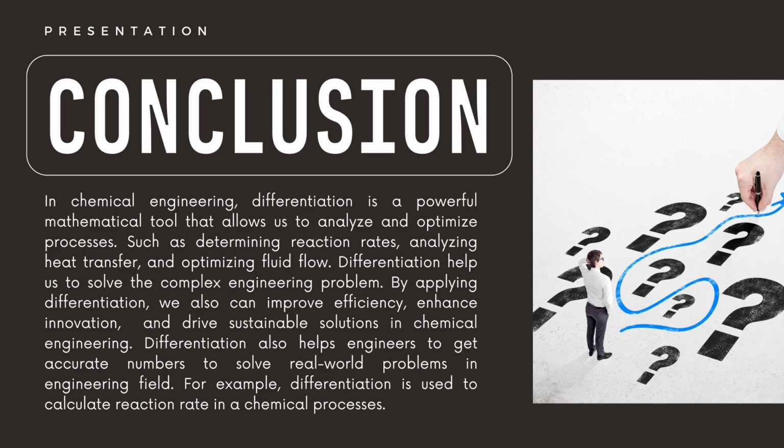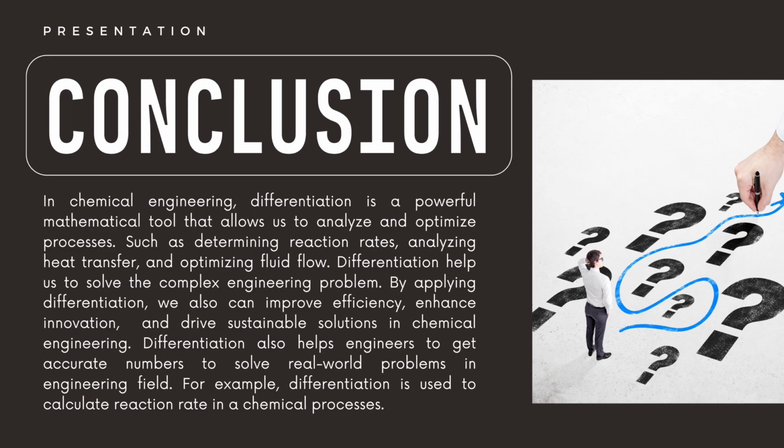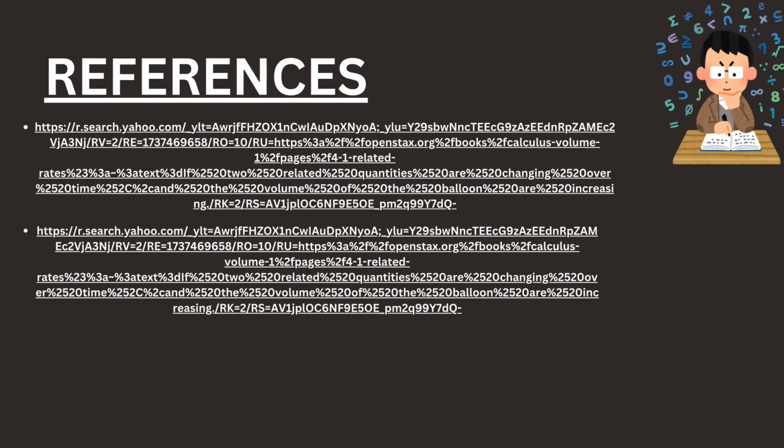By applying differentiation, we also can improve efficiency, enhance innovation, and drive sustainable solutions in chemical engineering. Differentiation also helps engineers to get accurate numbers to solve real-world problems in the engineering field. For example, differentiation is used to calculate reaction rate in chemical processes. Refer to this slide for a summary of key points and visual highlights.